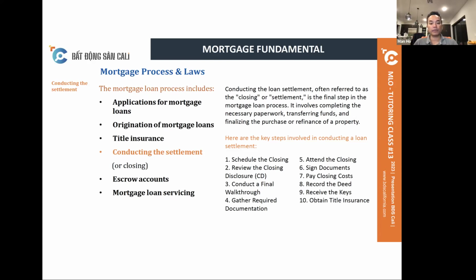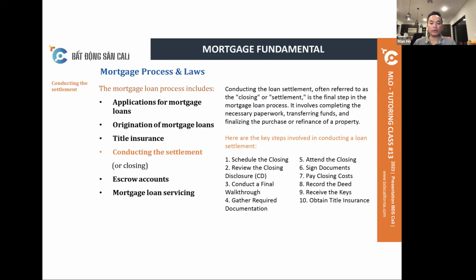The final walkthrough, you go back in and verify everything is as it was the last time the buyer visited the property. When that happens, you sign it. You say, okay, I verified it, everything looks the same as the last time I was here. If not, then the seller needs to resolve that. No loan is going to fund until everything is resolved.